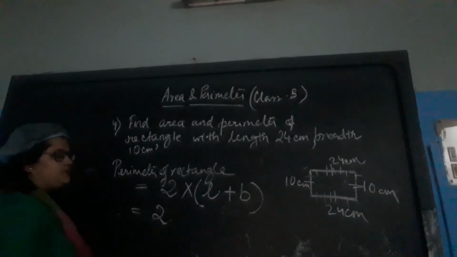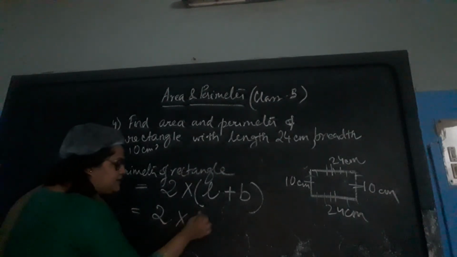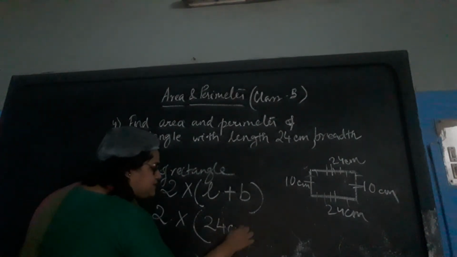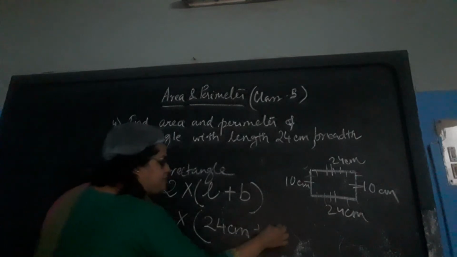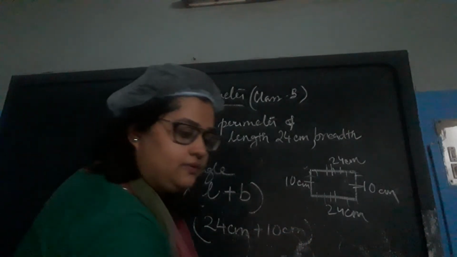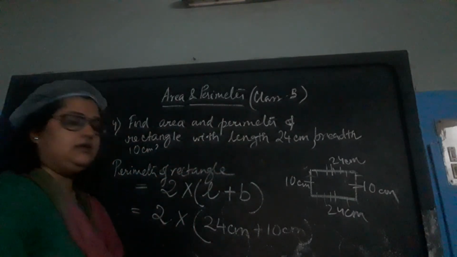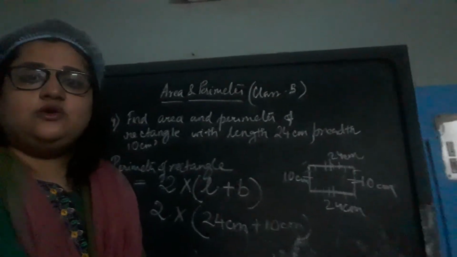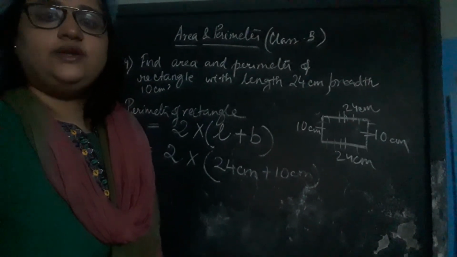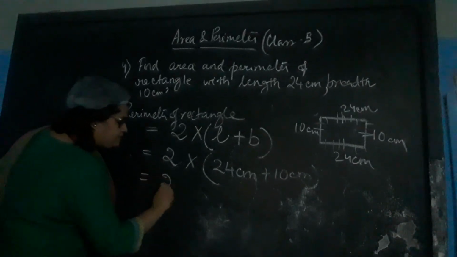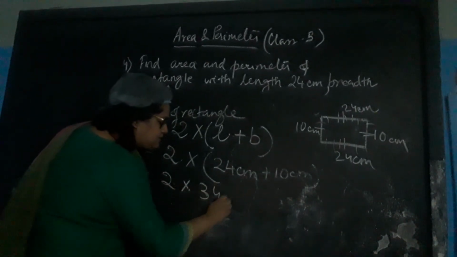So first we solve the first bracket. Before that, put the values. Length is given as 24 centimeters plus breadth is given as 10 centimeters. Now first we will solve this first bracket. So the answer of the first bracket will be 24 centimeters plus 10, that is 34 centimeters.